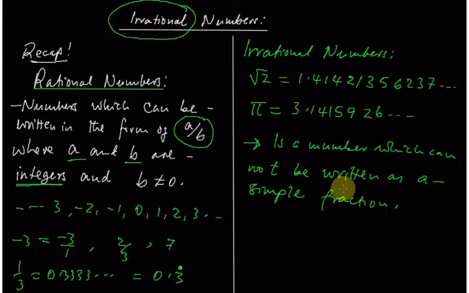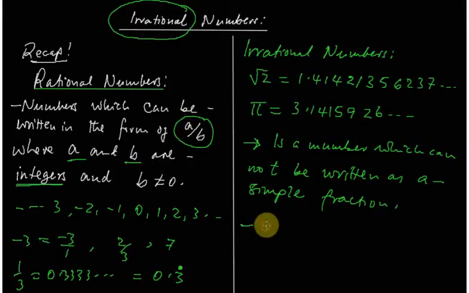I gave you this in your first activity, and I wanted to know whether you understand that these numbers do not have a pattern which repeats. These are called non-repeating, non-ending decimals. They never repeat and they don't end. So it's a number which cannot be written as a simple fraction, or a decimal which never ends and never repeats.